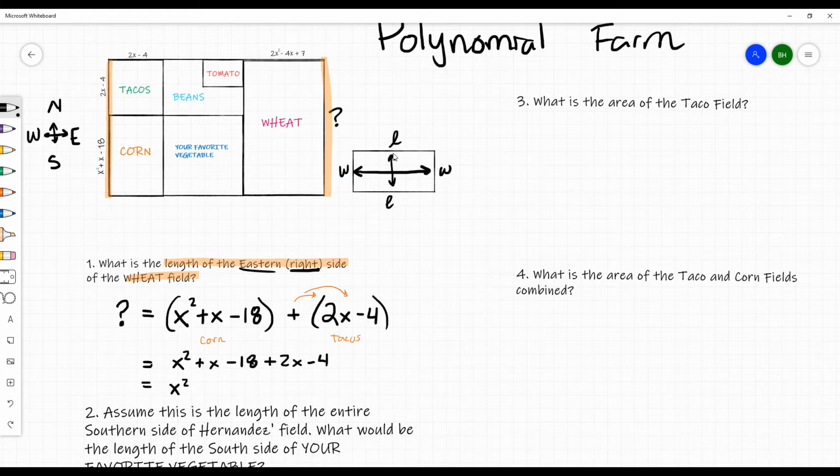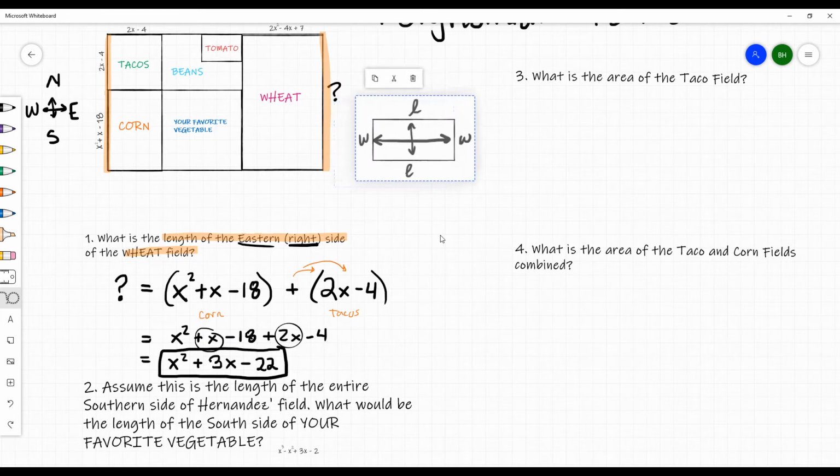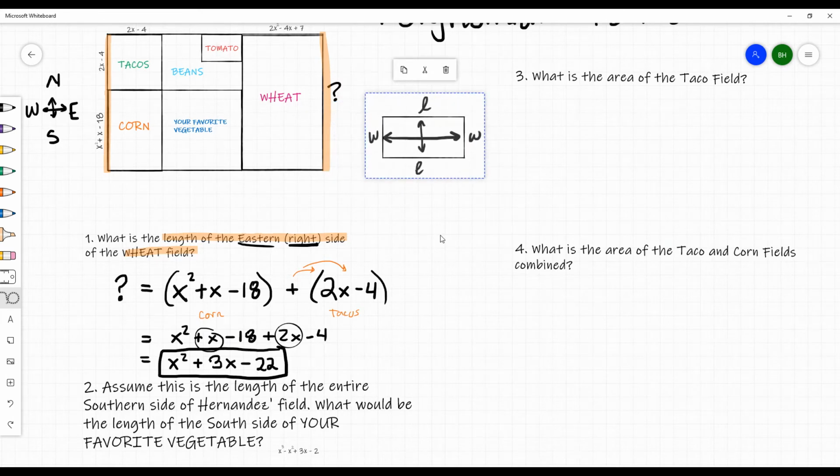Then we can simplify: x squared, then we have x here, 2x here, so plus 3x, and minus 18, minus 4, minus 22. That would be the entire length of the eastern side of the wheat field. If we were in person, I would have you draw this in on your paper so that we can see that answer and use it moving forward.